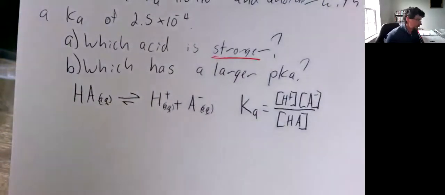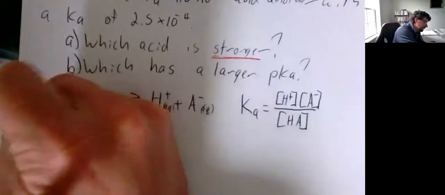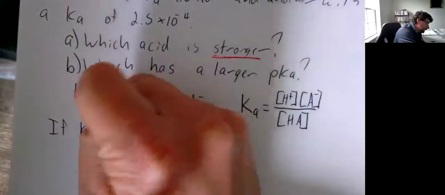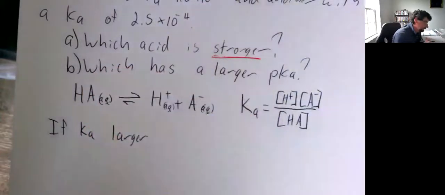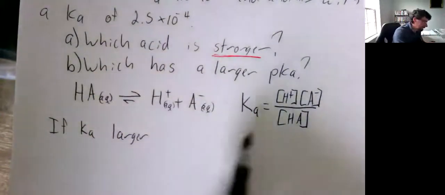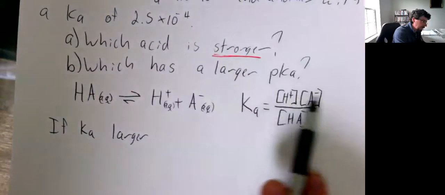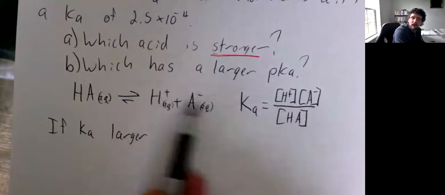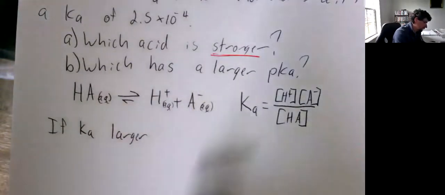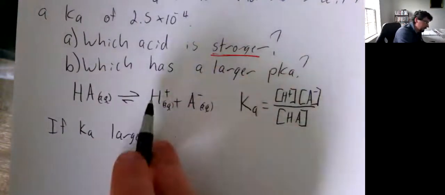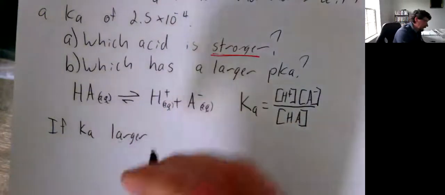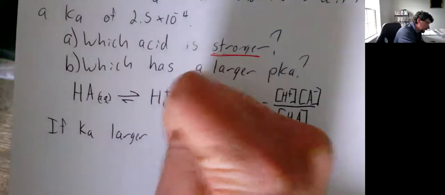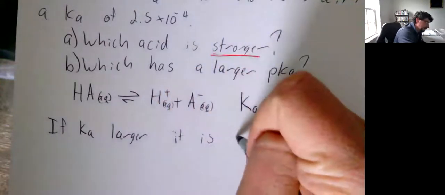Okay, so now, if we're considering the Ka value, if it's larger, meaning it's getting bigger, the numerator has to be getting bigger than the denominator, meaning that this side of the equation is favored. So therefore, it's dissociating more readily. So if Ka is larger, it is a stronger acid.